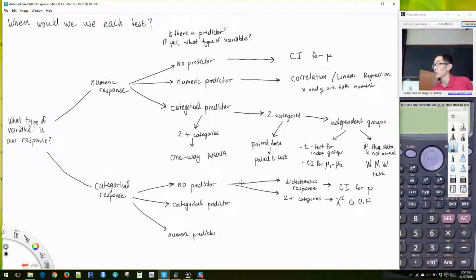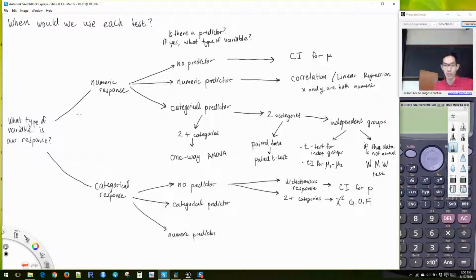We've counted how many people are male or how many have brown hair. But the raw data being recorded is the variable gender, which is categorical. Hair color is a categorical variable, whereas weight would be numeric.